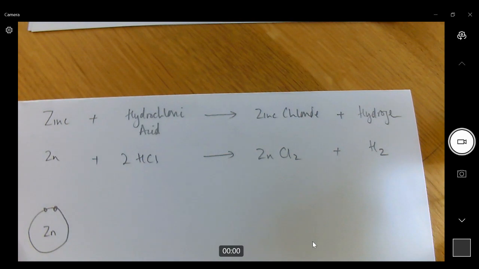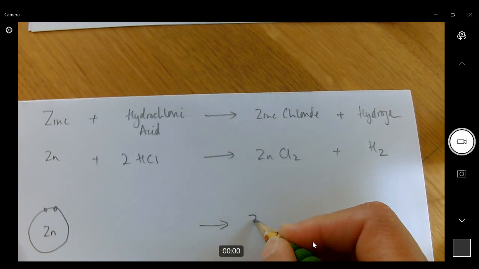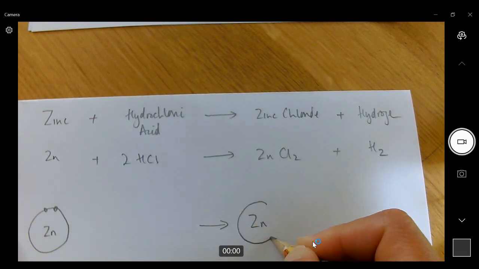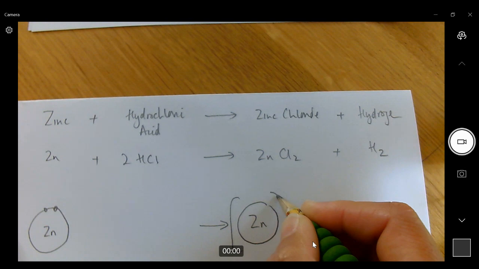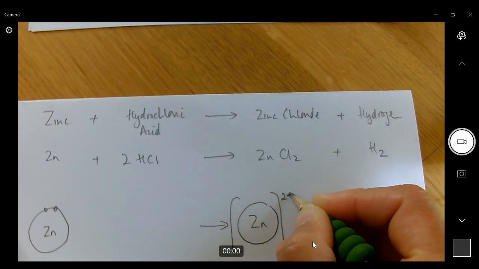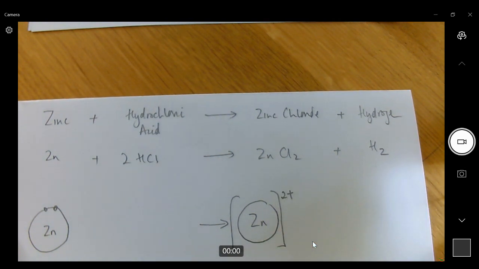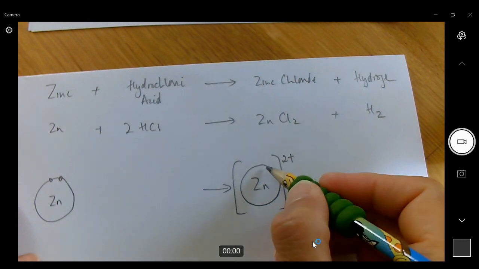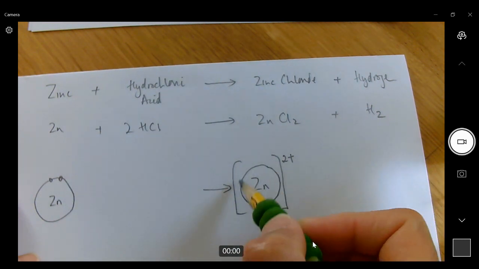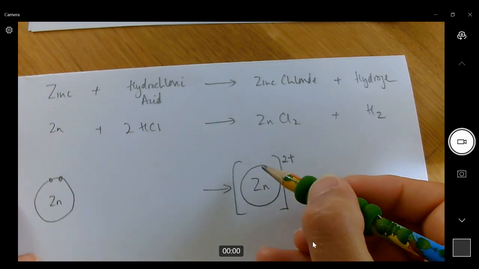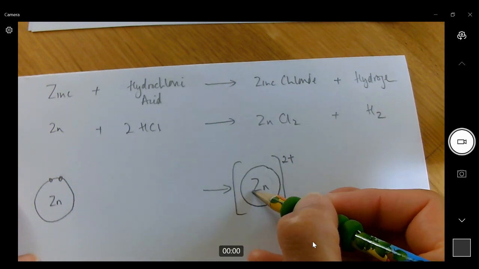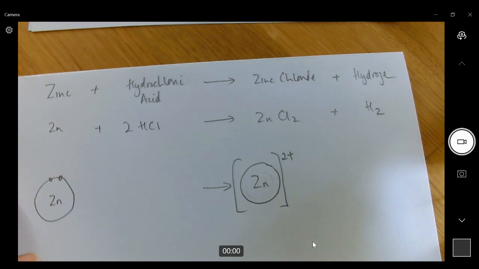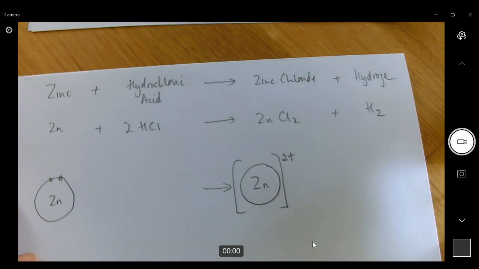Zinc atoms have 2 electrons in their outer shell, and when they react, they lose both those electrons to form a 2+ ion. Remember, when atoms react, they prefer to have a full outer shell. So if you imagine in here, there are several more shells inside, all full up, but I'm just showing the outer shell, which has lost its electrons.